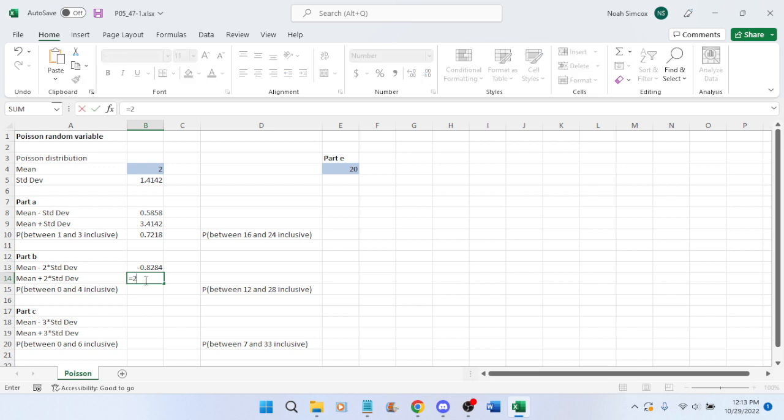Equals 2 plus 2 times this, and this is a 4.8.